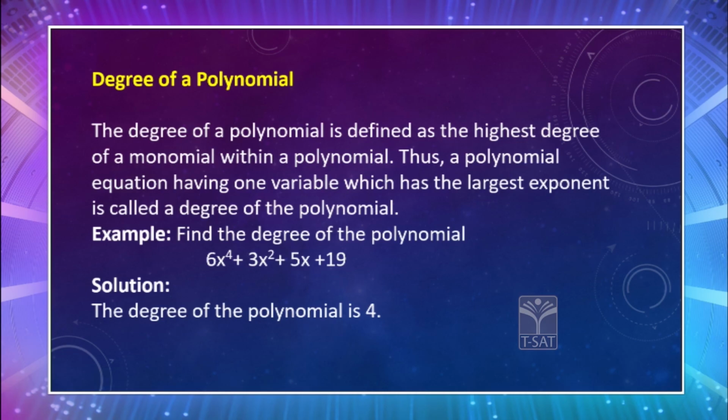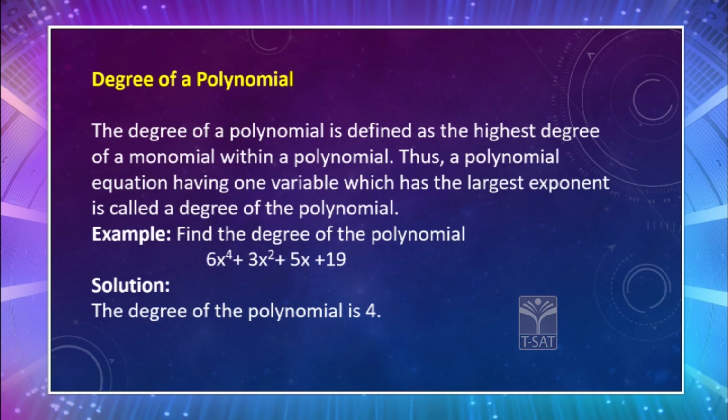Let us take an example: 6x to the power 4 plus 3x square plus 5x plus 19. In this, 6x power 4 is one term, 3x square is one term, 5x is another term and 19 is one more term. Here the degree of 6x to the power 4 is 4, for 3x square it is 2, for 5x it is 1, and for 19 it is 0.